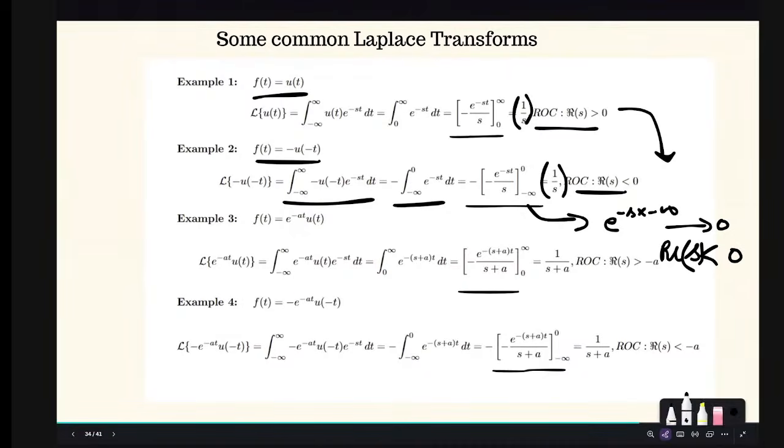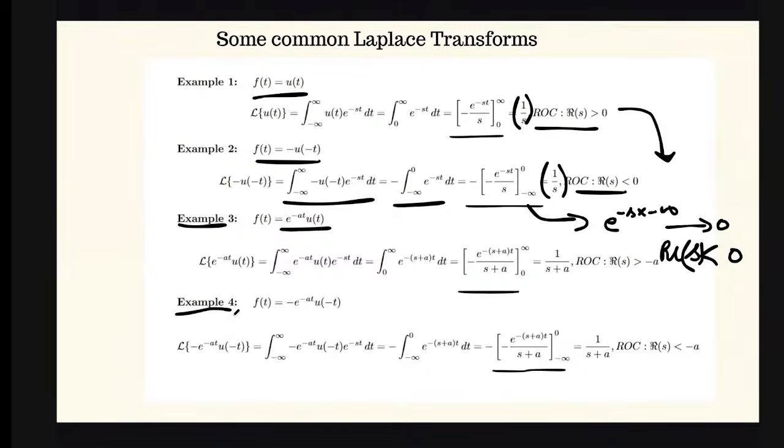Now, similarly, you can add another function, e power minus at u of t, and you get minus e to the power minus (s plus a)t from infinity to 0, which gives 1 by s plus a. So just think about these two, example 3 and example 4, and ask me if you have any doubts. Because this is similar to the first two examples. It's just integration and looking at where the integral doesn't blow up.